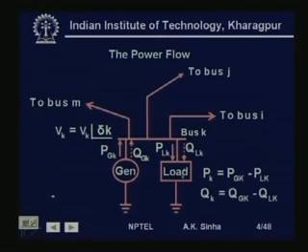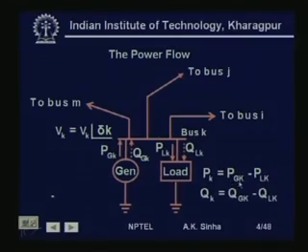And at this node we have generation as well as load. So, what we can do is combine these two and find the real power and reactive power injection at the bus. We say real power injection is equal to the real power generation minus the real power load at that bus. Similarly, reactive power injection is the reactive power generation minus the reactive power load at that bus.